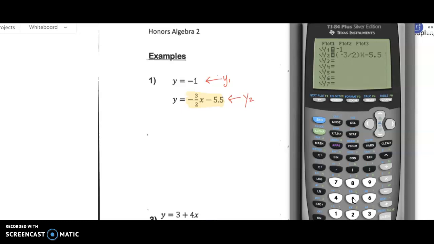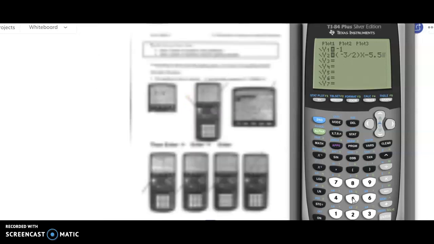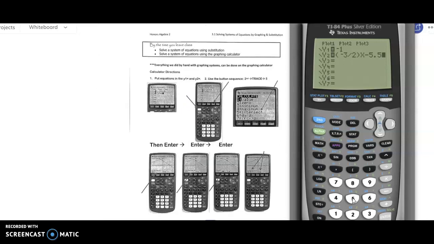And as it said on the previous page, on these notes right here, your second set of directions, I'm looking at this second step right here. So now I'm going to hit second. I'm going to hit the trace button up here. And then I'm going to select number 5, so I just push the 5 button where it's going to do the intersection.